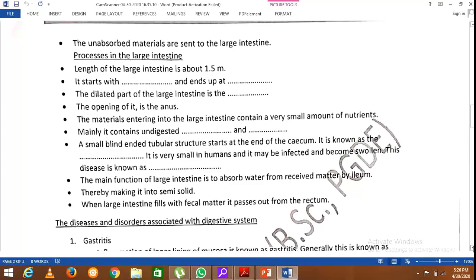Before the anus, there is a dilated part which we call the rectum. The materials entering into the large intestine contain a very small amount of nutrients. Mainly it contains undigested materials and water.